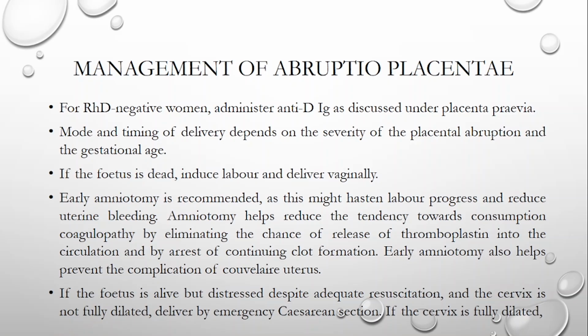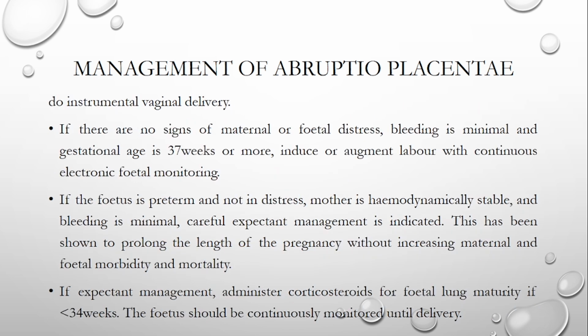If the fetus is alive but distressed despite adequate resuscitation and the cervix is not fully dilated, deliver by emergency C-section. If the cervix is fully dilated, do an instrumental vaginal delivery to hasten the delivery of the fetus.